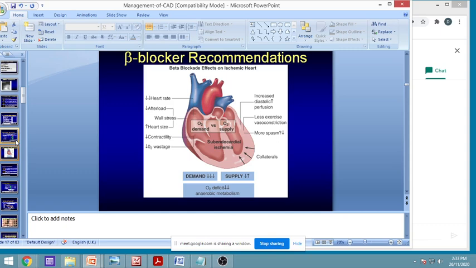There is an increased diastolic perfusion. The perfusion means during diastole more and more blood can reach the various tissues. It causes less exercise vasoconstriction, and whenever there is more spasm, it decreases it. So these are various activities. Thus it reduces demand by many folds, and it just slightly helps in supply.